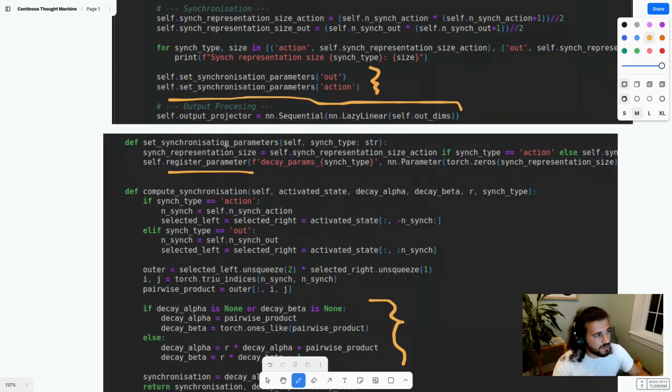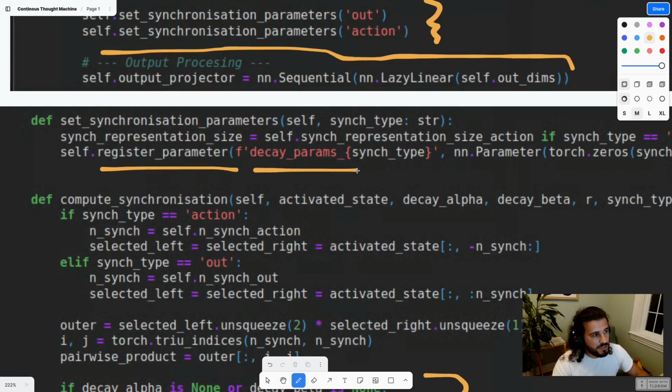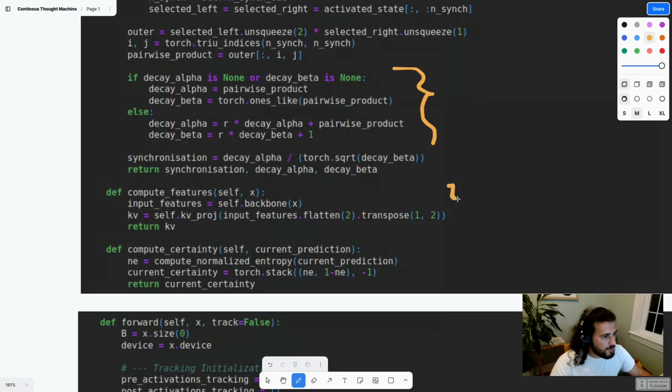You see here the set synchronization parameter, it's a decay parameter that we are setting. So decay parameter for action or decay parameter for out. And then here, this is how we compute the features. To get our KV, it goes to the backbone first, and then you have the input feature, which is the embedding that gets shoved into the KV projection.